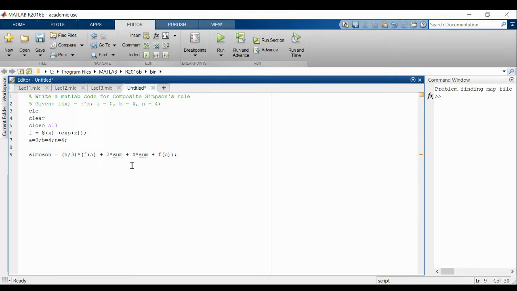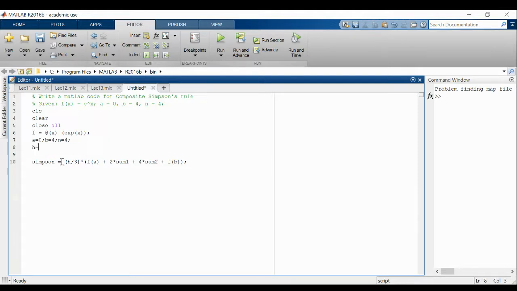So you can say this is your sum 1, this is your sum 2, and also I'm trying a new experiment actually, and let's see in how many minutes I am successful. So we need h, and what was the h? If you remember, b minus a over n.